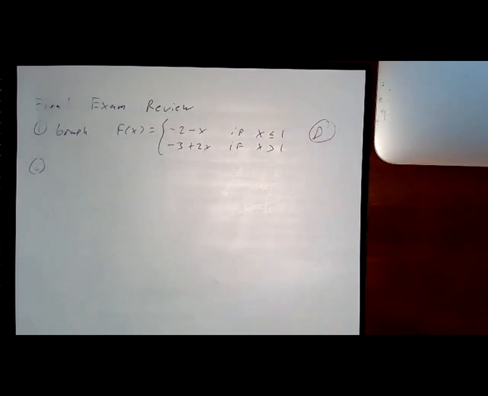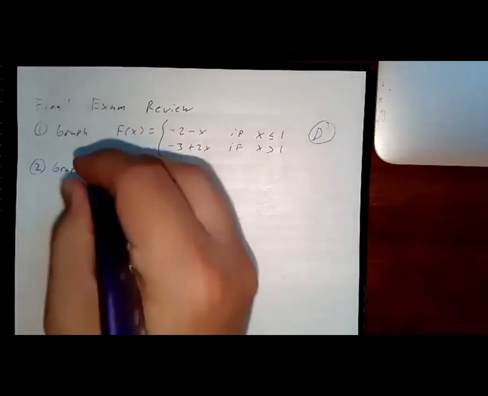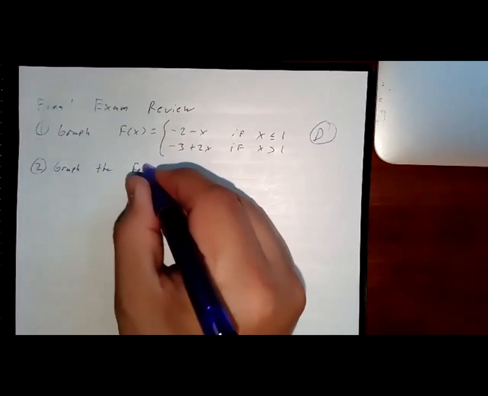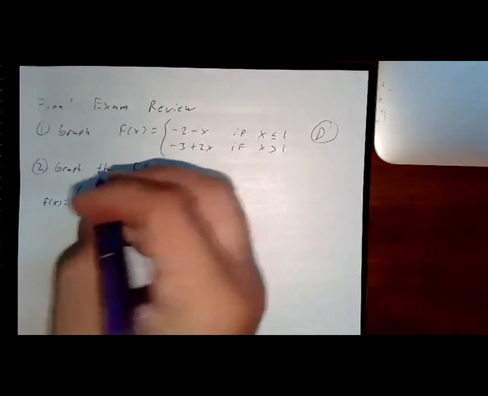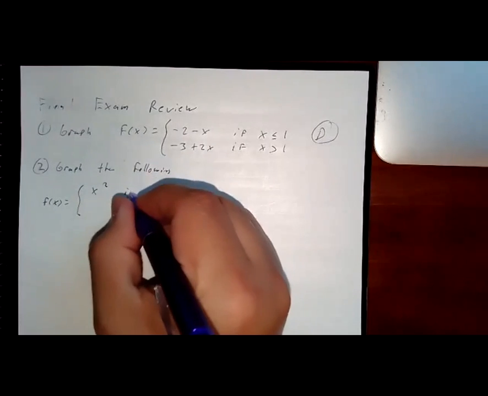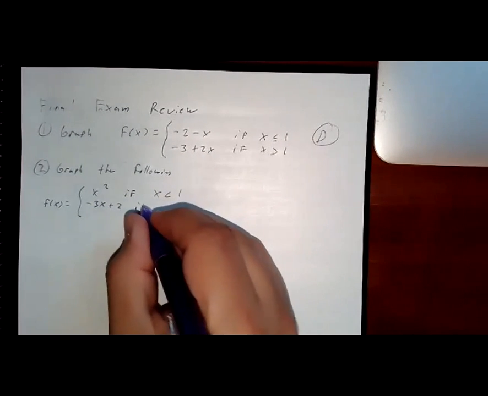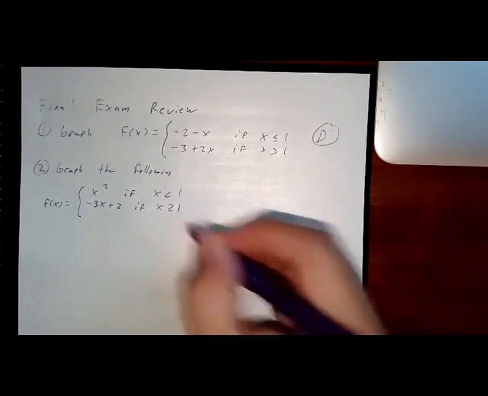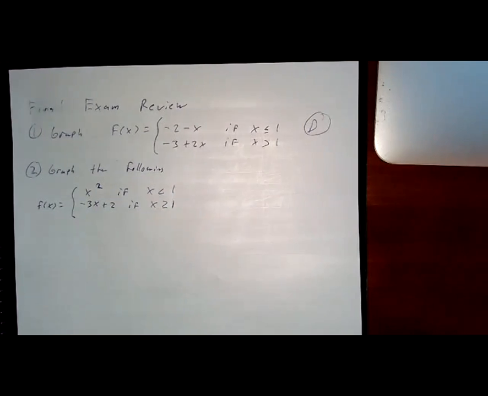I'm just going to put the answer choice there, D. Number 2 is graph the following. x squared if x is less than 1, minus 3x plus 2 if x is greater than or equal to 1.